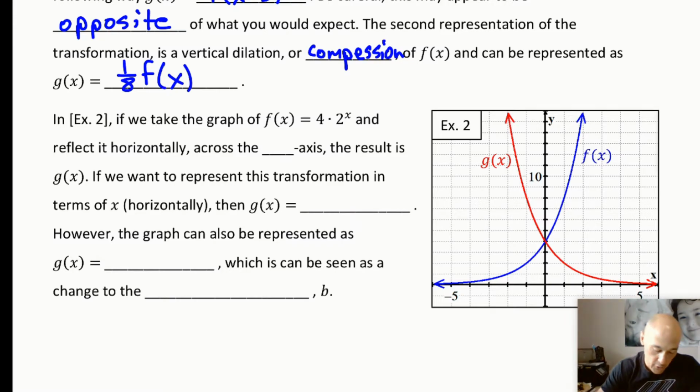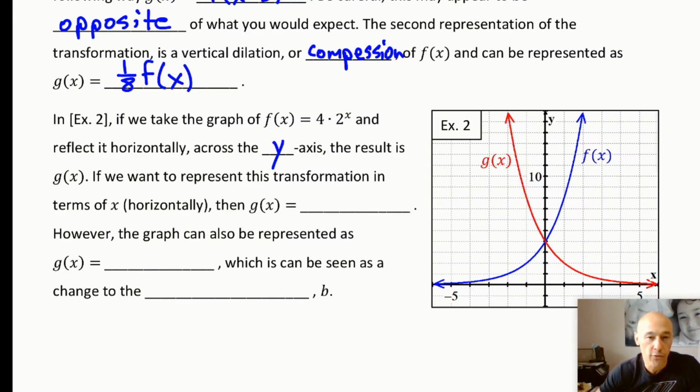So in example 2, if we take the graph of, again, that same original function f of x and reflect it horizontally across the y-axis, the result is g of x.